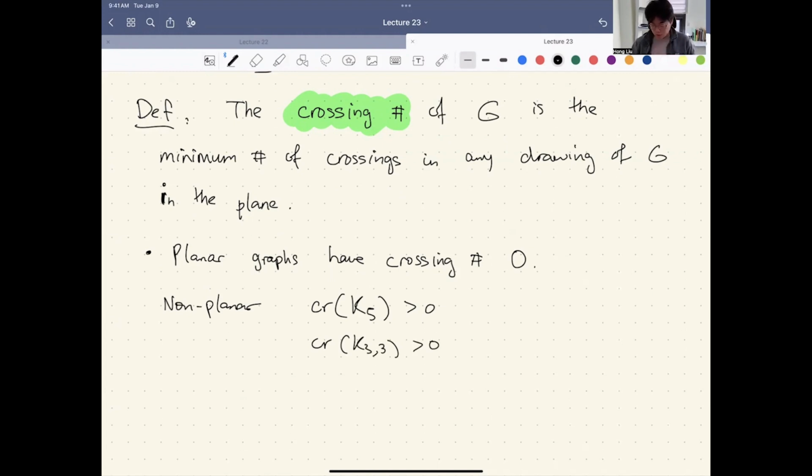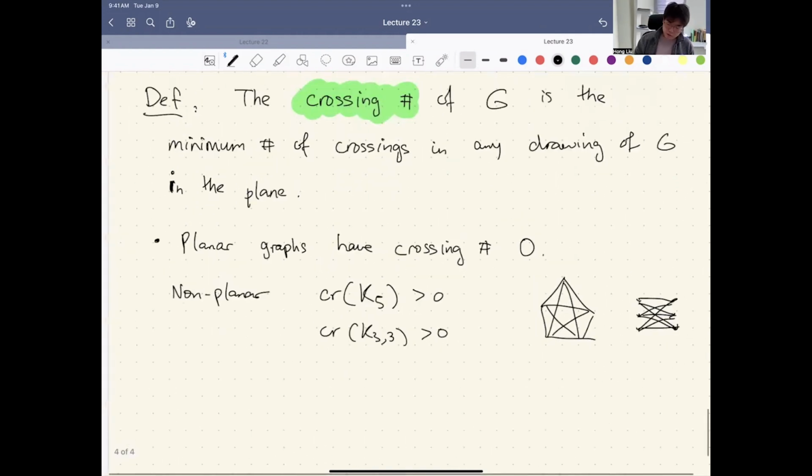This is K5 and K3,3. K5 is the smallest clique that necessarily will have crossings, no matter how you draw it, and K3,3 is the smallest bipartite graph that necessarily has crossings.